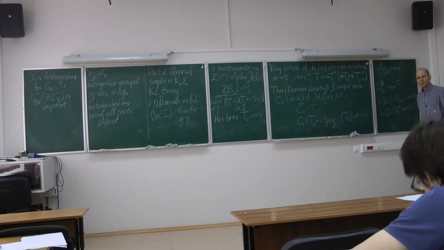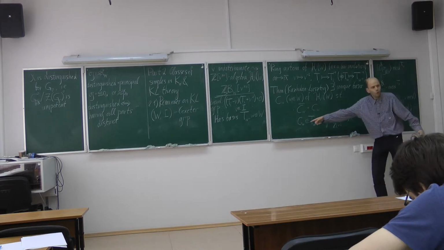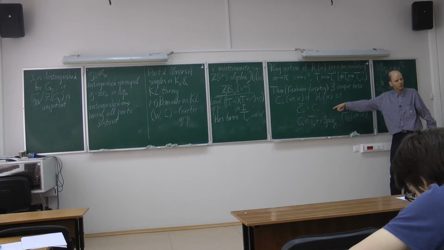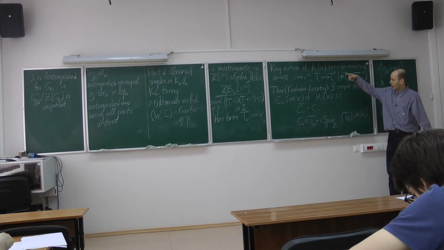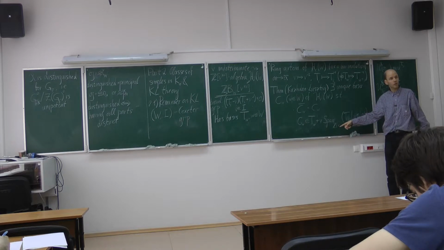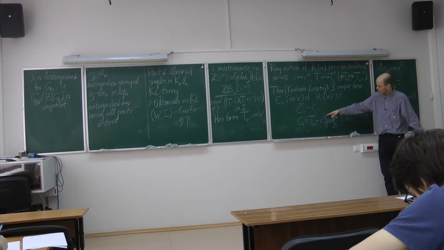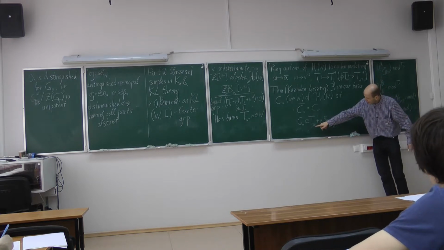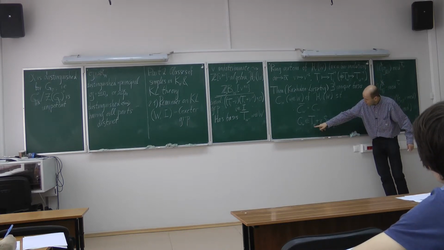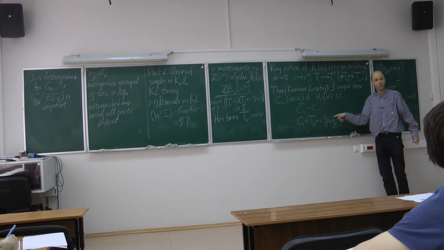Okay? So when you decompose your new basis in terms of the standard basis, all the coefficients are polynomials without constant term, with the exception of the coefficient of TW, which is 1 plus such a polynomial. Okay?